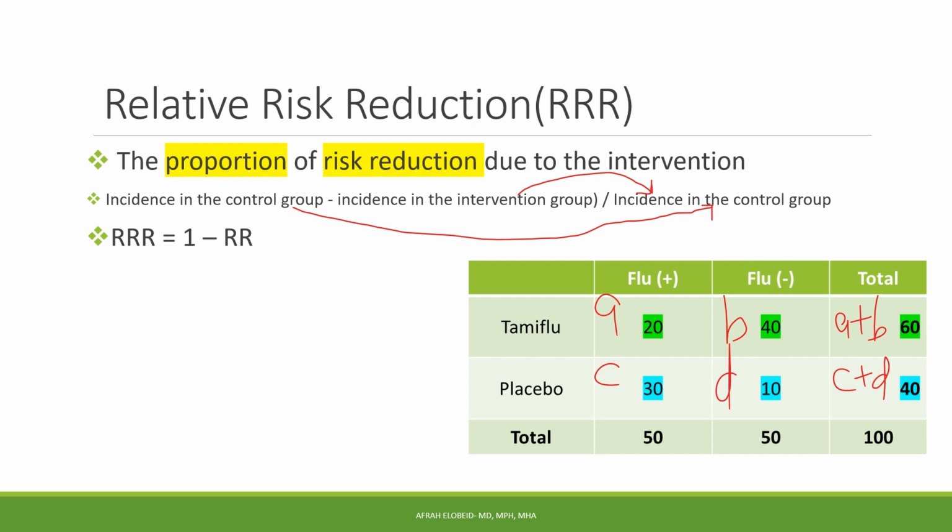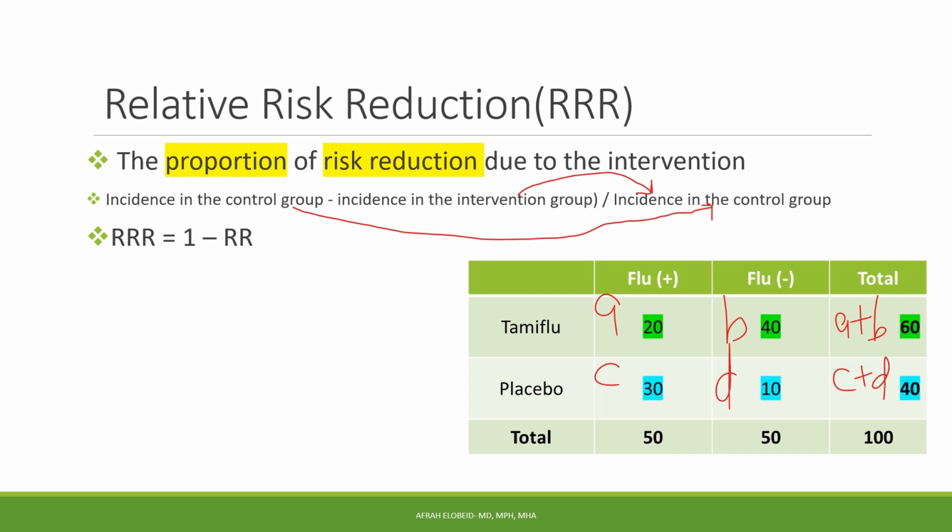Because as you see here and follow my red arrow, if we divide the incidence in the control group by the incidence in the control group, it's exactly the same thing. We divide two equal numbers, right? So when we divide them by each other, the result is 1, right? This is the 1 minus the incidence in the intervention group divided by the incidence in the control group. That's actually the equation of relative risk, right?